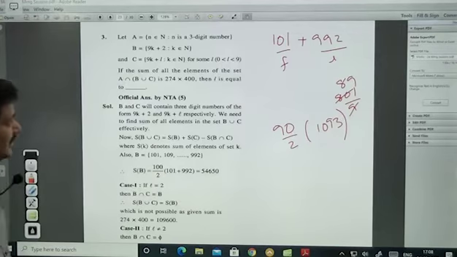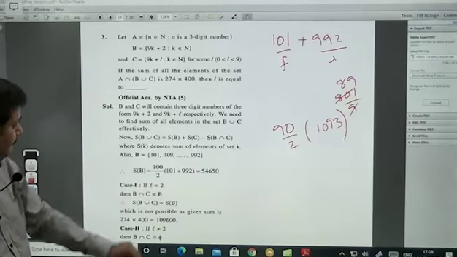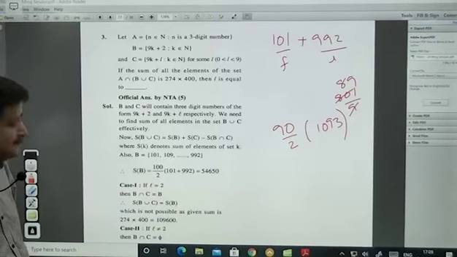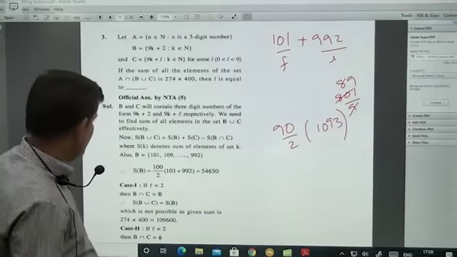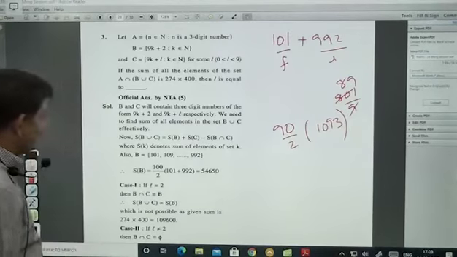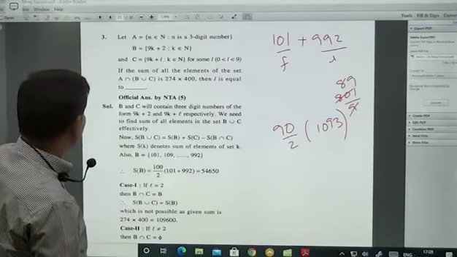100 by 2, 100 numbers, is it? How come 100 numbers? Last number is 992. First number is 101. After every 9 numbers, 8 numbers you are counting or 9 numbers you are counting?